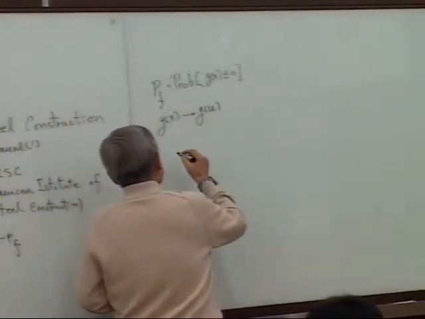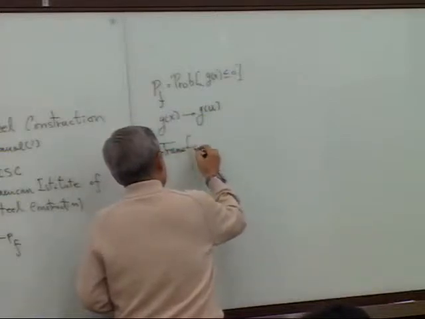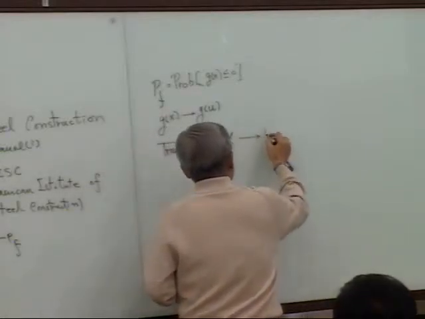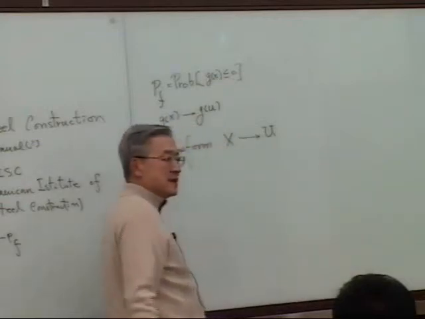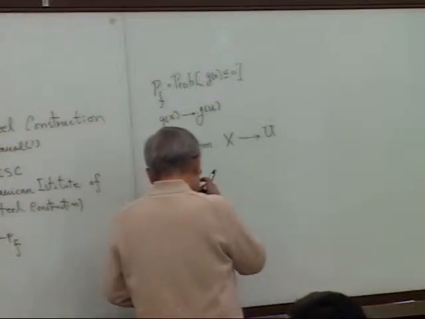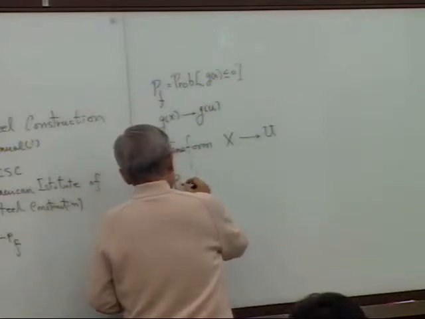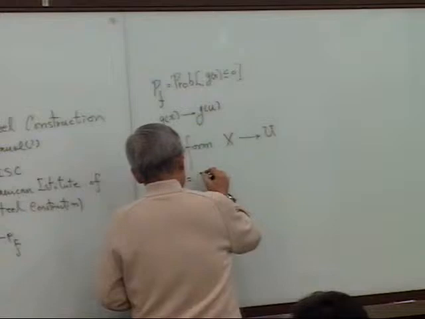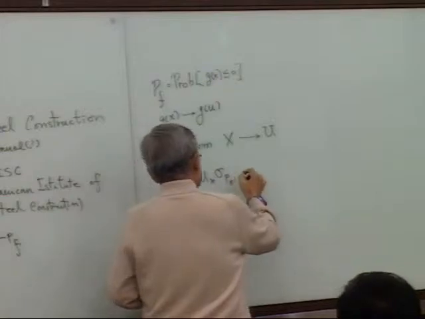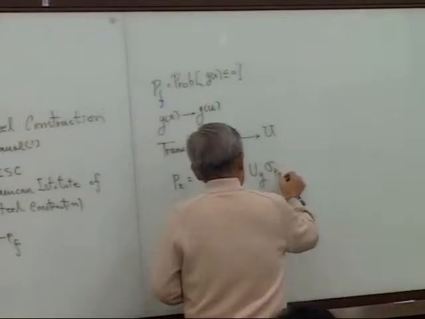The transformation procedure is identical to what we did on Monday. In the U space, Px is equal to Ux sigma Px plus mu Px.